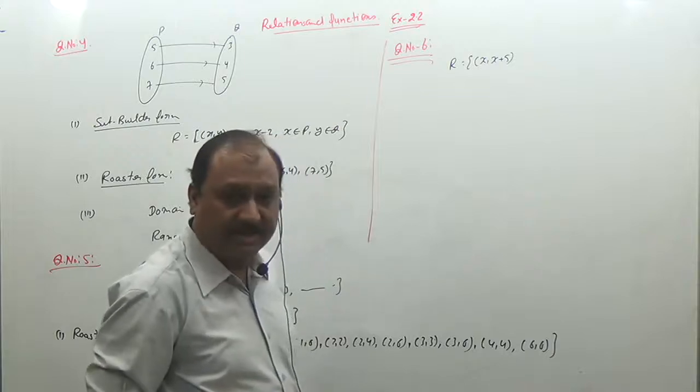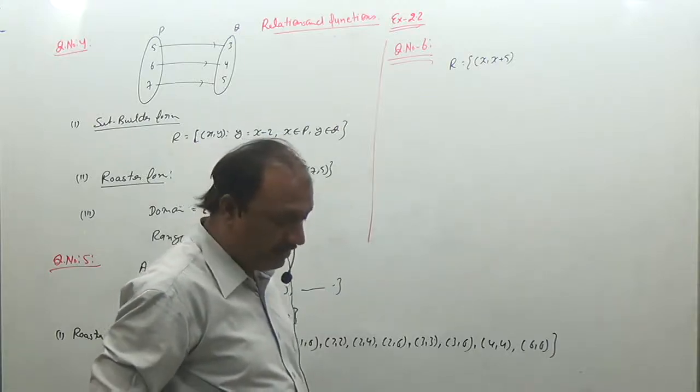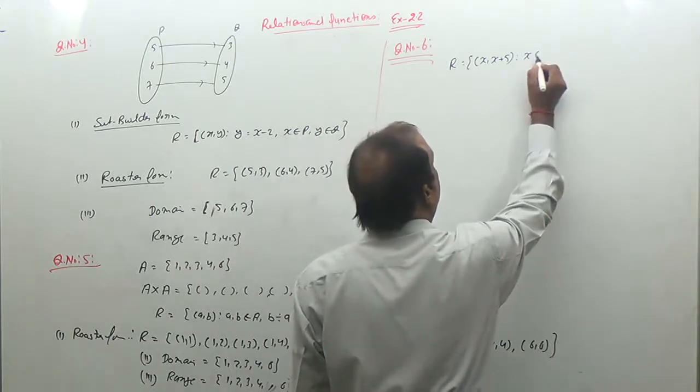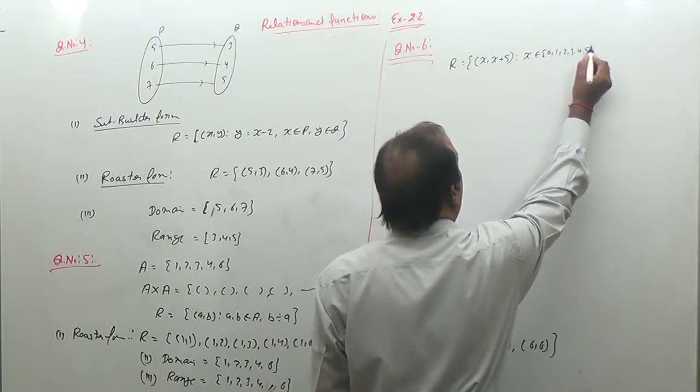A relation which contains ordered pairs in the form of x and x plus 5, where x belongs to the set 0, 1, 2, 3, 4 and 5.